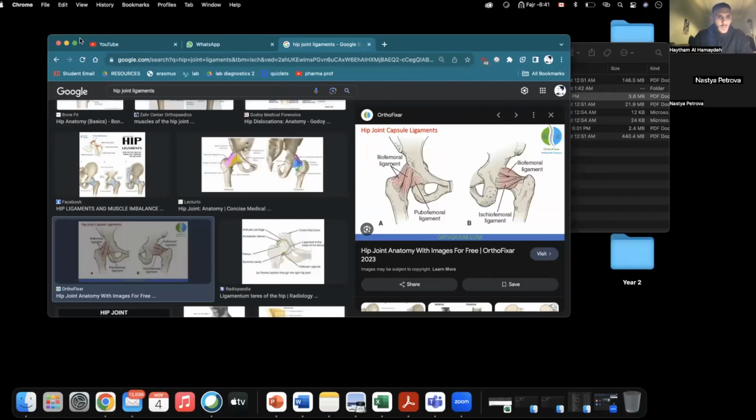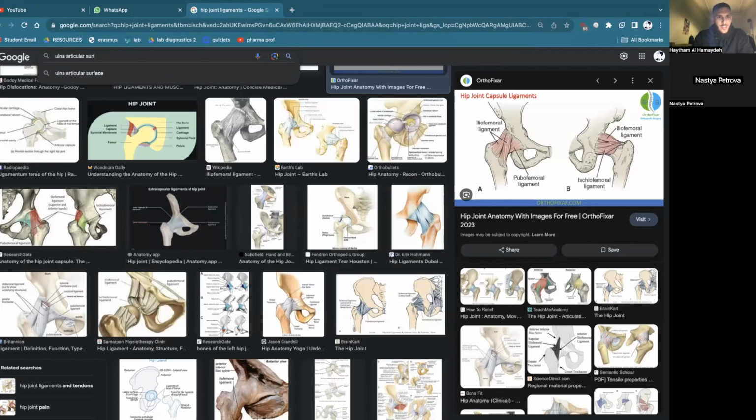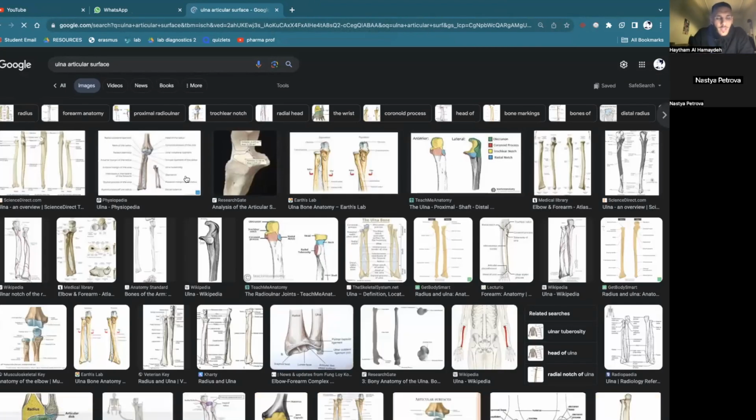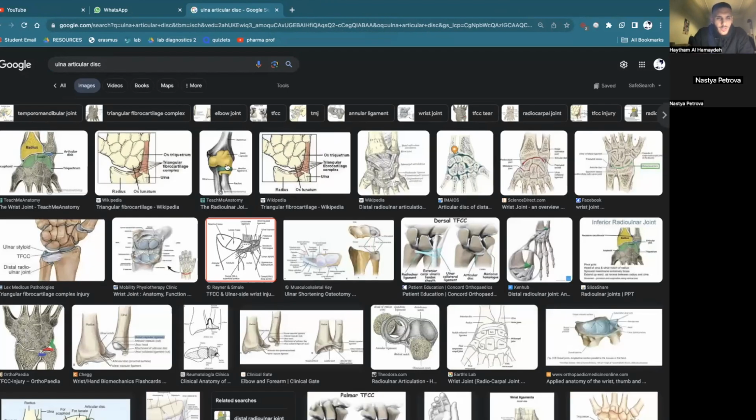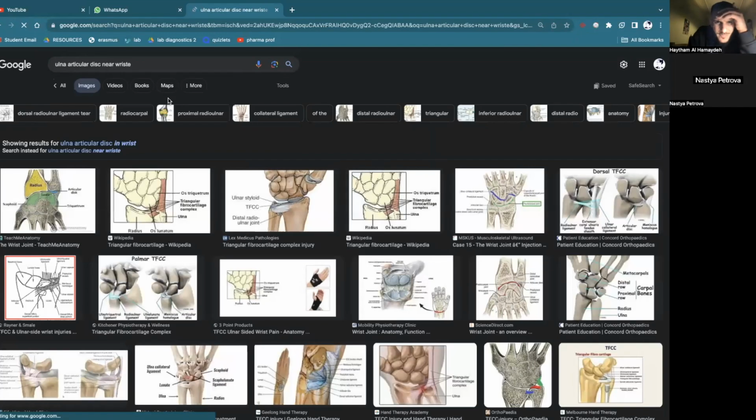I know you're confused now. Look how interesting this is. Ulnar articular disc.